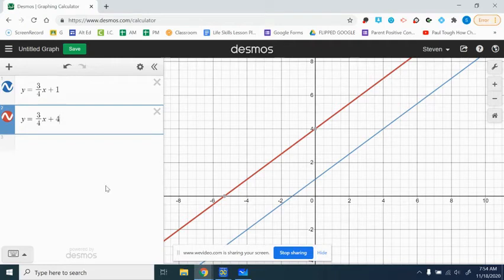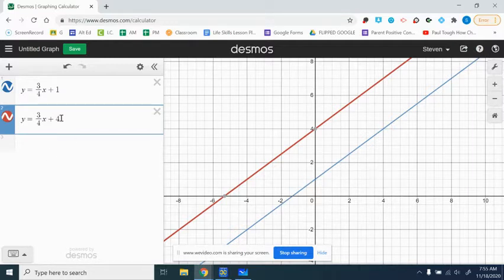Okay, so what we need to recognize here is that these non-vertical lines will be parallel if and only if they have the same slope. And that's the value in front of the x, this m value, right? Because the slope-intercept form would tell us that y is equal to mx plus b, where m is the slope. So this m value, right, the 3/4, that's your slope.